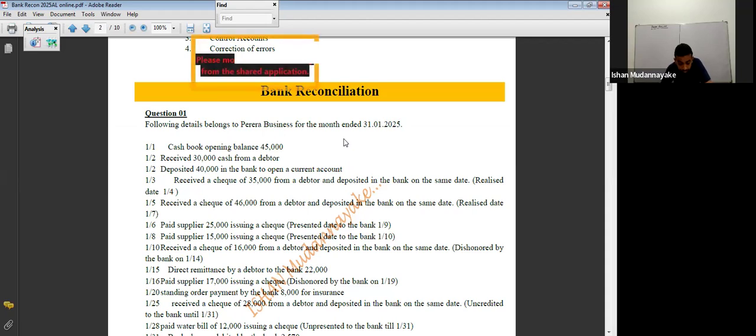And then the other page, the second page. Here write down: deposited 40,000 in the bank to open a current account in HNB bank. Write down HNB bank.